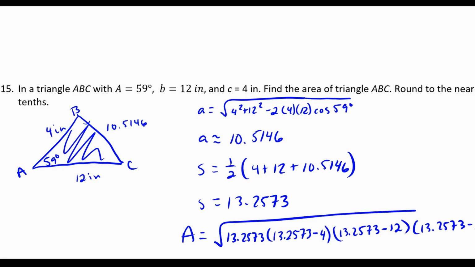We're going to take the square root of all that. So let me put that into the calculator. Alright, after I put that into the calculator, I get my area is approximately, and I want to round this to the nearest tenths, 20.6. Since I'm working in inches, I'm going to have inches squared because this is area.